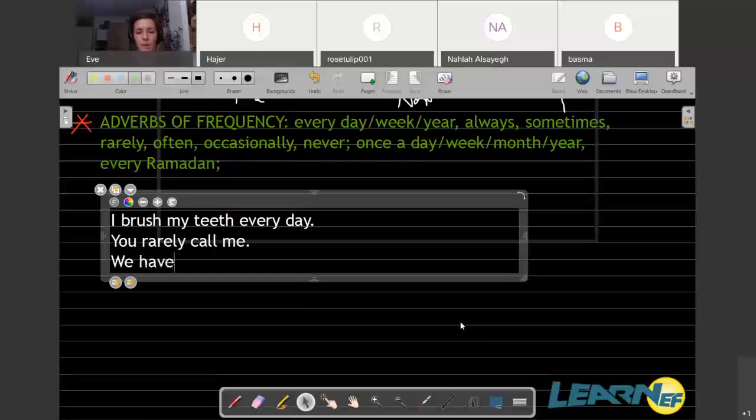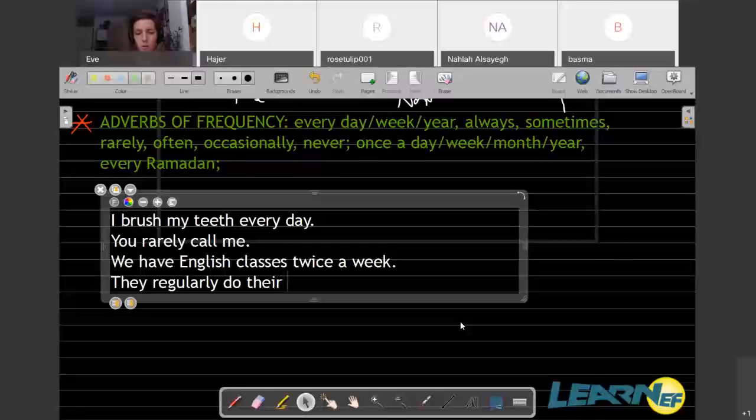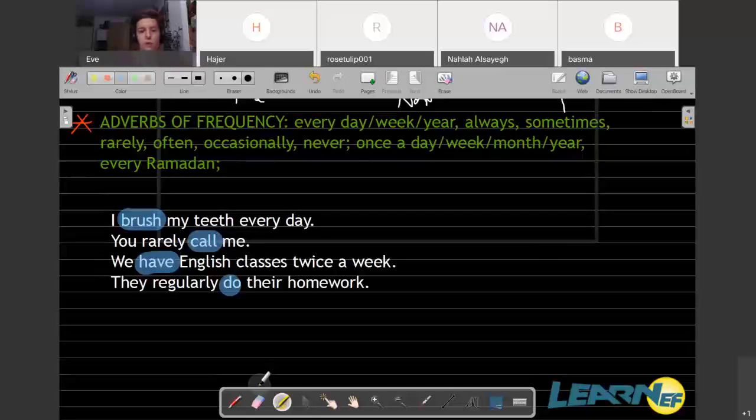We have English classes twice a week, and they regularly do their homework, for example. So the verbs here, as I said, and I'm going to repeat it, are simple: brush, call, have, do, right?